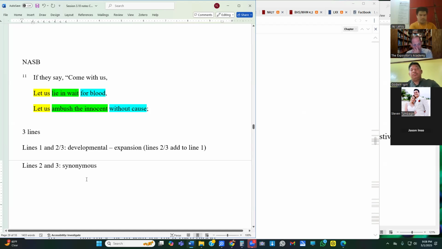Sounds a little more complicated. Anyone have questions on that one? I think this is the right way to understand the parallelism here. So he's giving two statements, 2 lines to add to the first, and those 2 lines are synonymous with each other. All right, very good.